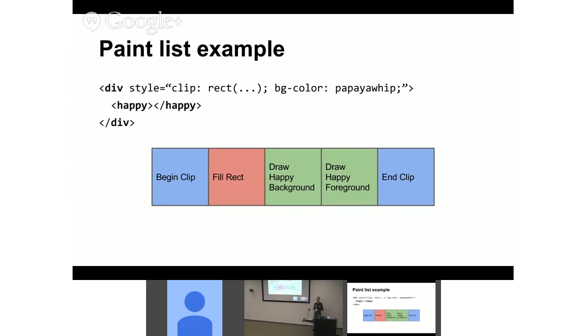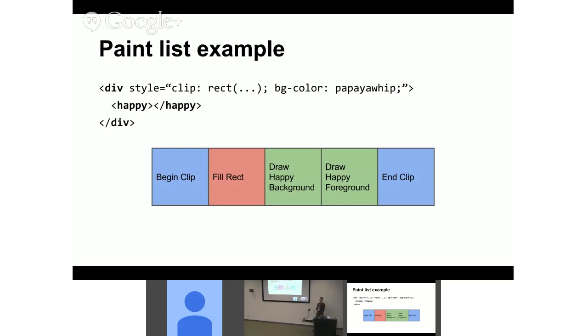So just as a concrete example of what this list looks like: we've got a div with a clip, and we're drawing something, and we're using the papaya whip color, which the San Francisco office might know something about. So the output from this is a begin clip and an end clip. The reason we need to bracket clips is because you need to know when you started it, you need to save some state, and you need to pop some state.